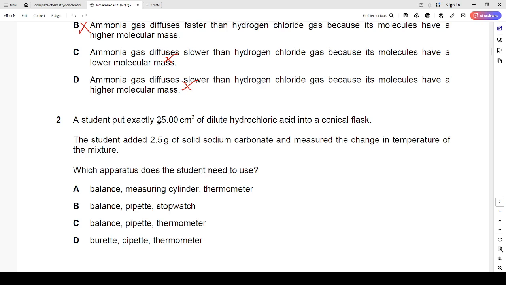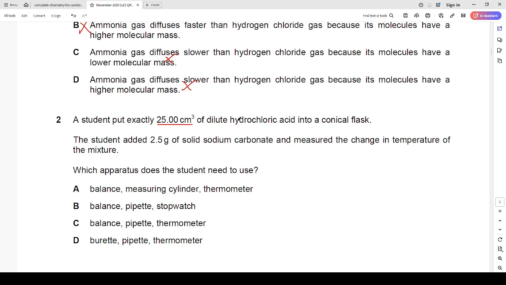If you look at the unit that we have here, the first unit has to do with the volume of dilute hydrochloric acid. If we take a look at some of the apparatus that is used in the chemistry laboratory to measure volume, the burettes, the pipette, the beakers can be used to measure volume.